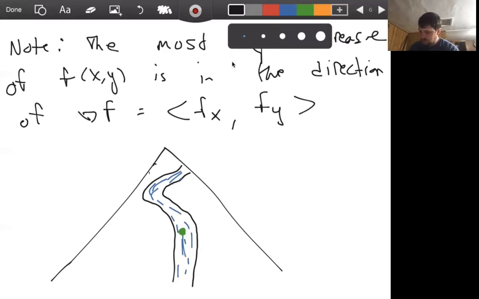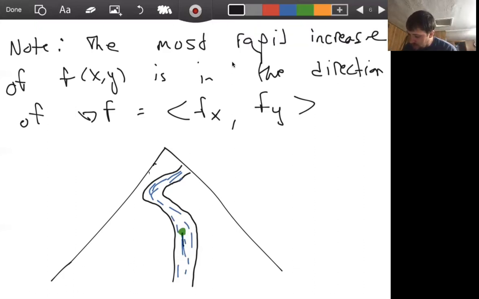So this leaf is going to tend to follow wherever the water is most rapidly increasing, right? And that direction is the gradient. And so the gradient gives us the direction of the most rapid increase of our function.